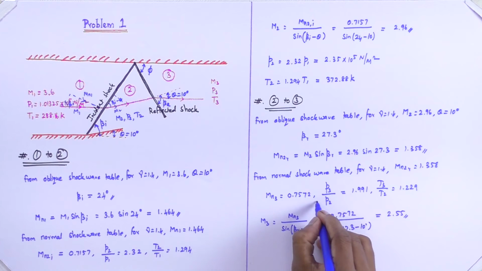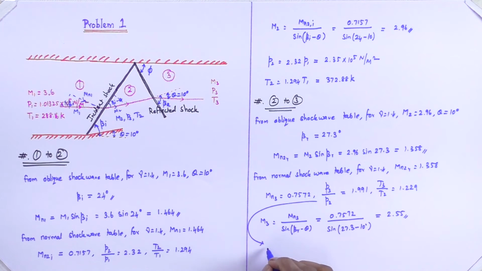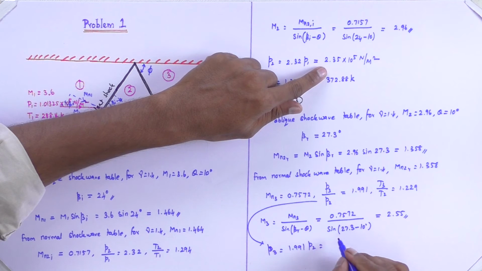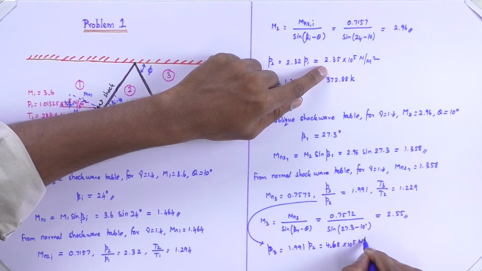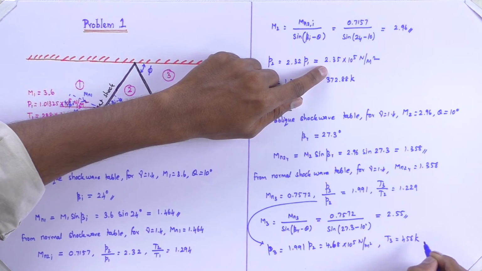Then we know the value of P2, so we can calculate P3, that is 1.991 times P2. After the substitution and calculation, we will get P3 as 4.68 into 10 power 5 Newton per meter square. Similarly, we will get T3 as 458 Kelvin.